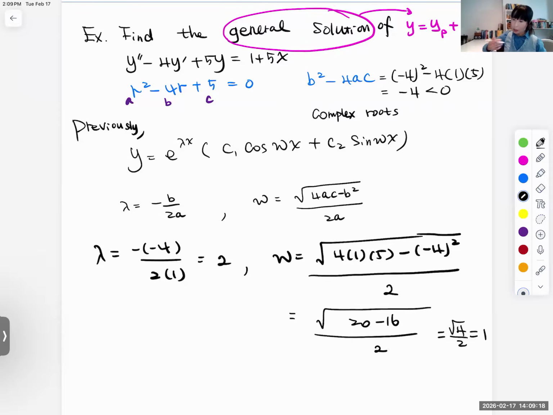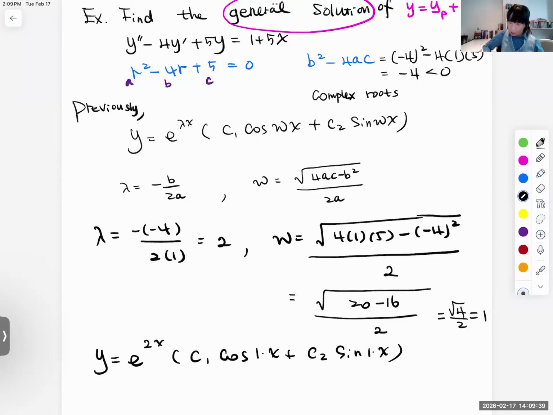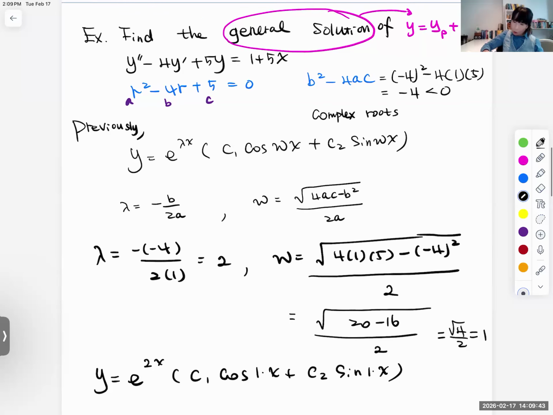So we can express y equal to e to the lambda, which is 2x, c sub 1 cosine omega, which is 1, x, plus c sub 2 sine omega, which is 1 times x. Yeah.